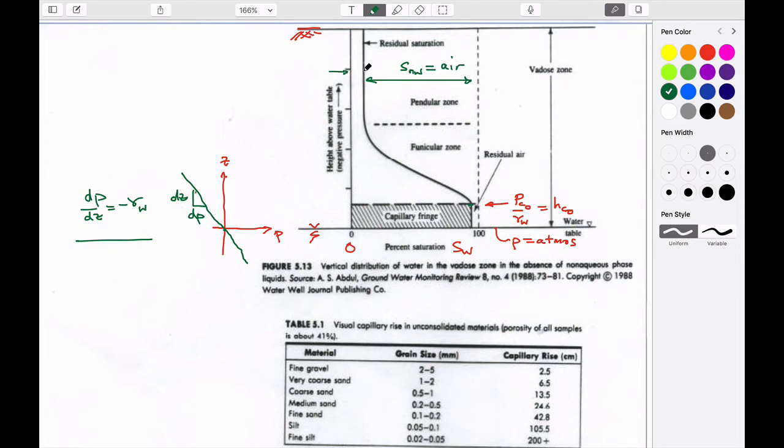And this is going to be the saturation of the wetting fluid, which in this particular case is water. And so that's physically what this diagram means. So it's essentially 100% saturated except for maybe some residual air which is in the system. At this point would be the irreducible saturation of the non-wetting fluid, which is air. And physically, as we go higher up, we get less and less water and more and more.